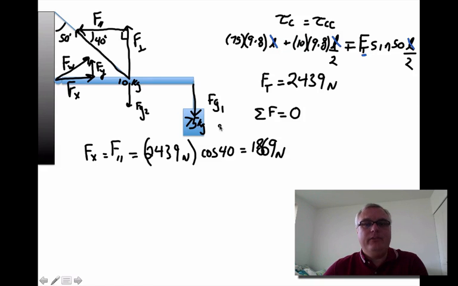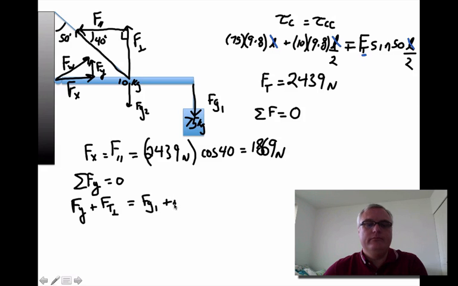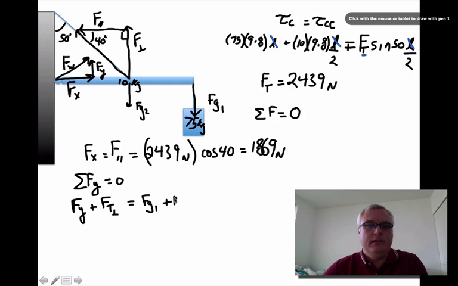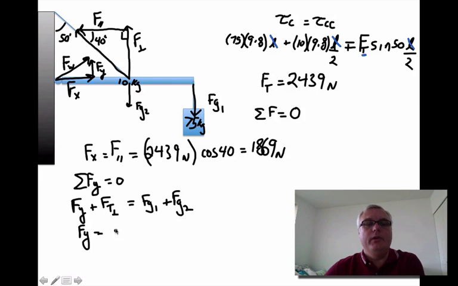And again, in the y direction, all of the forces in the y direction have to be equal to 0. So right now I have two forces acting down and two possible forces acting upwards. So I know that the forces acting up have to be equal to the forces acting downwards. So Fy is going to be equal to the two weights minus the perpendicular component of the tension.